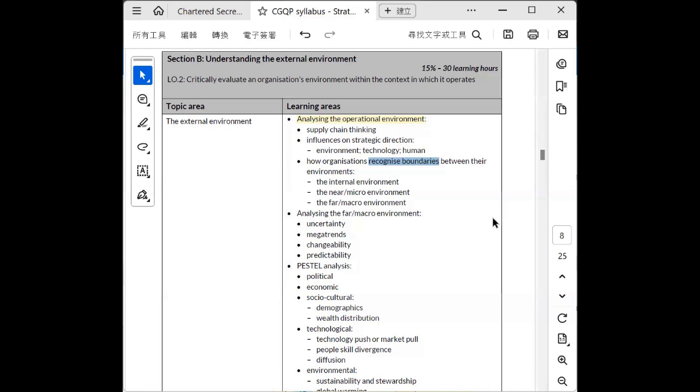So you need to clearly define the boundaries to help companies distinguish what they can influence directly, what they can respond to tactically, and what they need to monitor strategically.